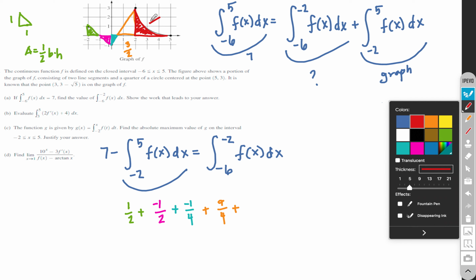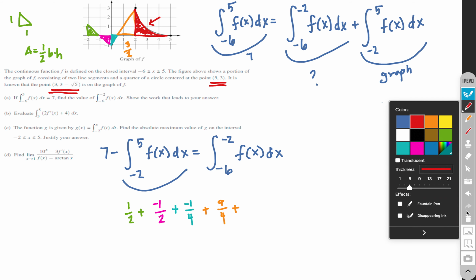This part is in fact a piece of a circle, and a circle has a specific equation. So what we could do is write the equation of that circle. We're given the center of the circle so that we can use that, and we're given a point on the circle. We could also use that and write an equation of a circle and then do the integral from 2 to 5 underneath that function.